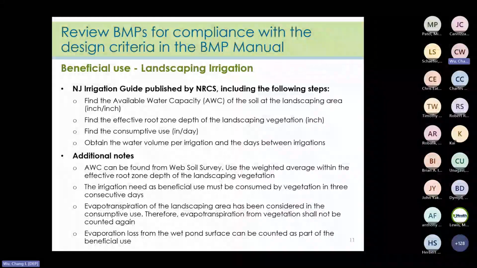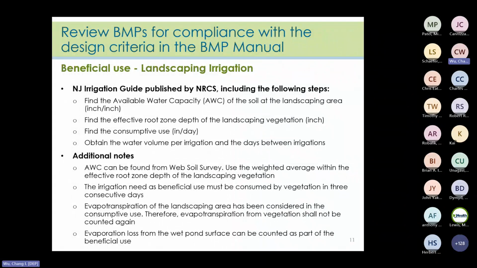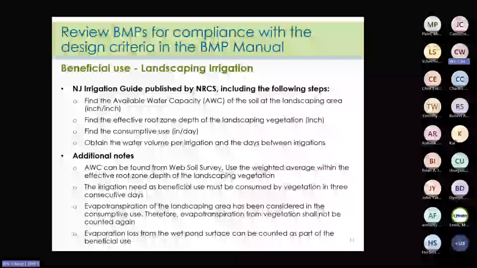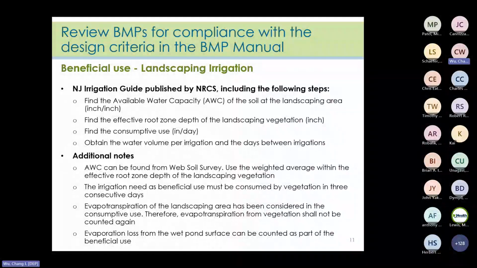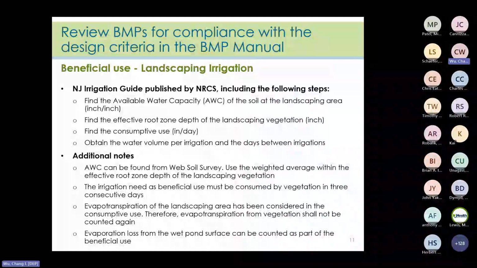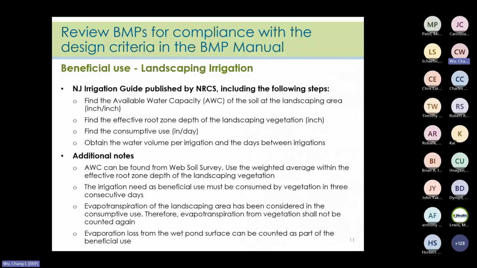And evapotranspiration of the landscaping area has been considered in the consumptive use if you use the NJ irrigation guide. So you cannot count the evapotranspiration from the vegetation that has already been counted when you use the guidance from the NRCS. But the evaporation loss from the wet pond surface can be counted as part of the beneficial use.